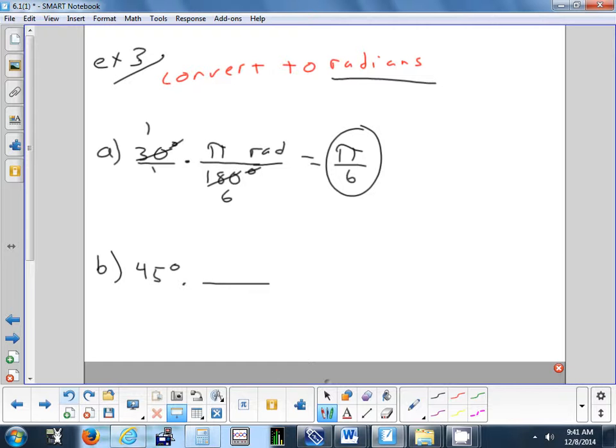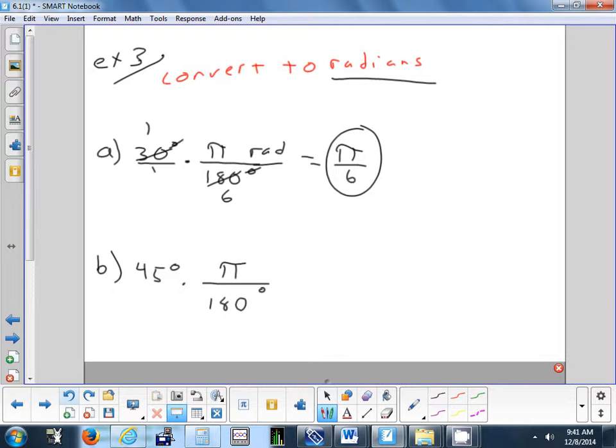So let's convert 45 degrees. Tahina, where would degrees have to go here so I cancel it out? In the bottom. And what number do we always think of with degrees? 180. That's your 180. And the number, Julia, that we think of with radians is pi.